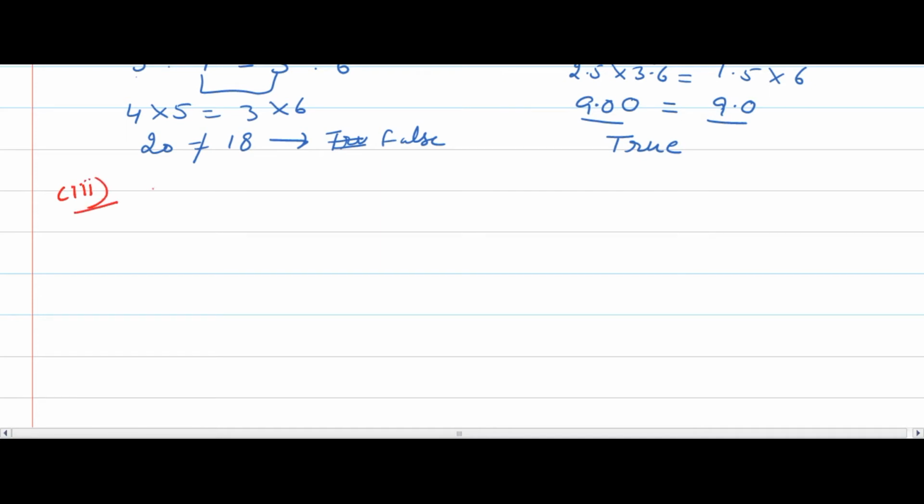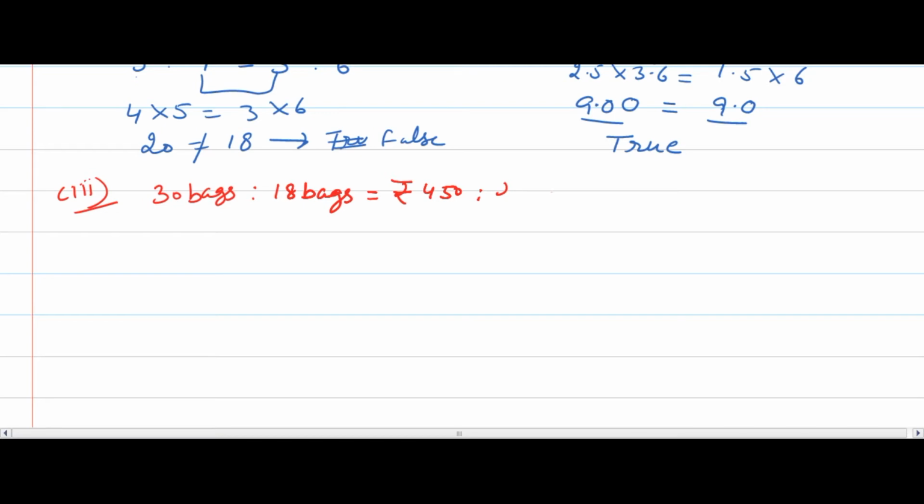Third is 30 bags ratio 18 bags equal to rupees 450 ratio rupees 270.